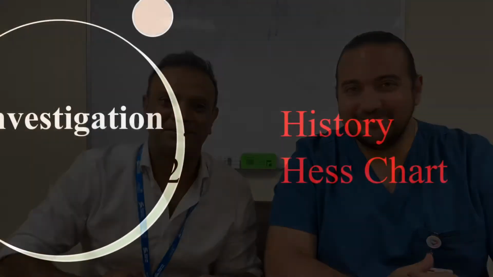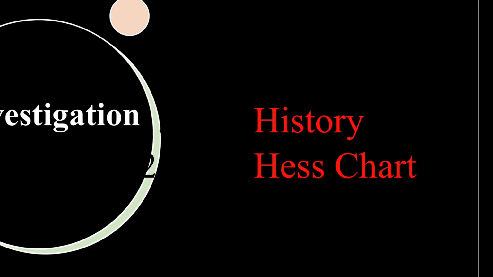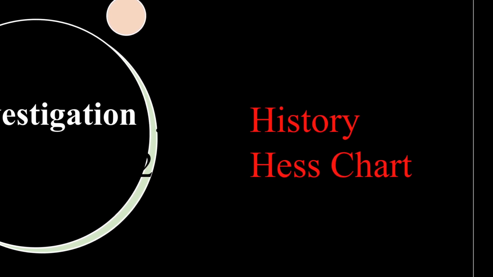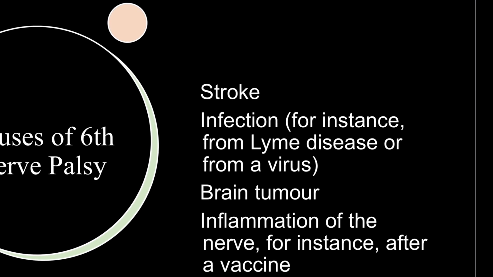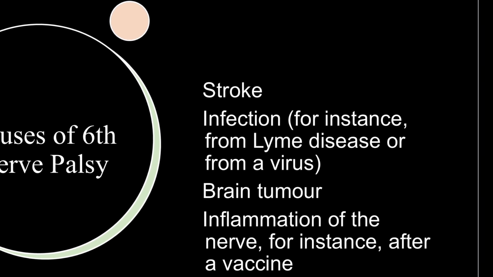Very welcome. So just to summarize, try and stratify your investigation with history initially. This will give you a big clue, followed by Hess chart, which will show you unique patterns. And that way, it makes it easier and paves the way for you to do your subsequent investigation. And to summarize what Omar mentioned, this could possibly be a trauma.